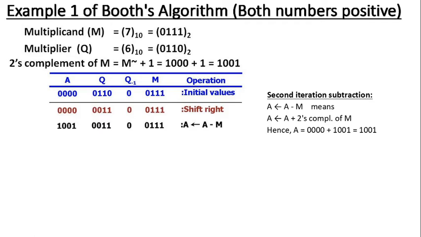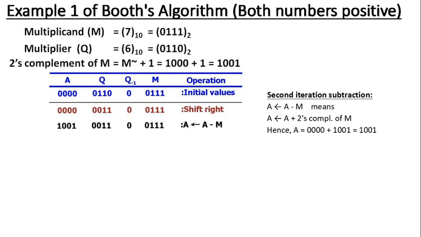It's binary subtraction. Actually, this binary subtraction is performed by using the 2's complement method. And once that binary subtraction is performed, the last step of this second iteration will be arithmetic shift right.